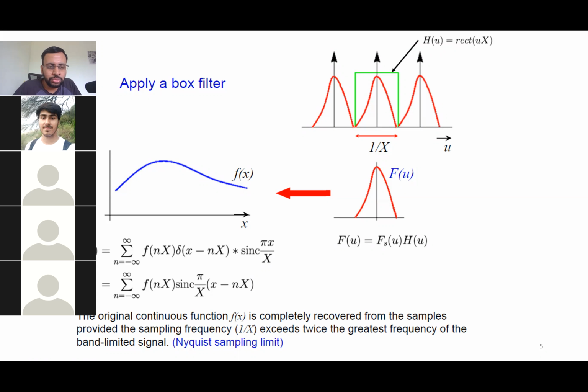What is that equivalent to in the spatial domain? You want one copy of it to construct it back here. So what is its equivalent function in the spatial domain now? Hello, you should be remembering this.